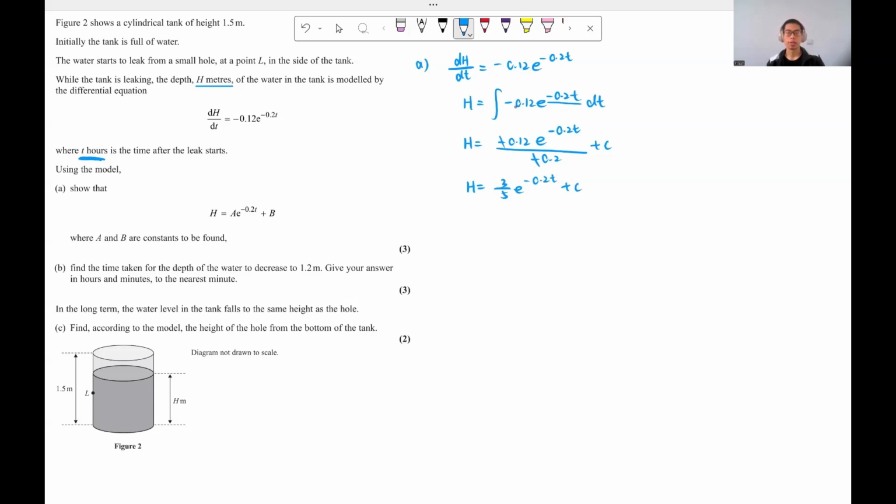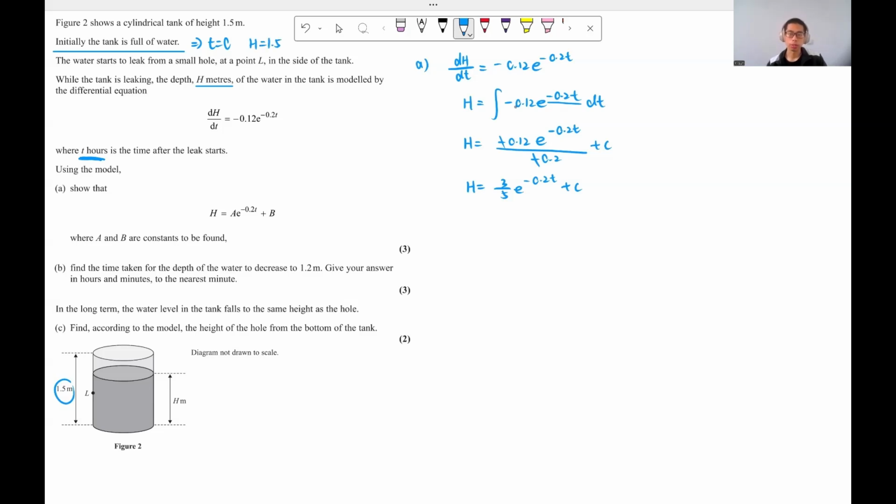And now we need to find out the value of c. It says initially the tank is full of water. So that means when t equal to 0, and the cylindrical tank has a height of 1.5 meters, if it's full of water, the height of the water should be 1.5 meters. So h equal to 1.5.